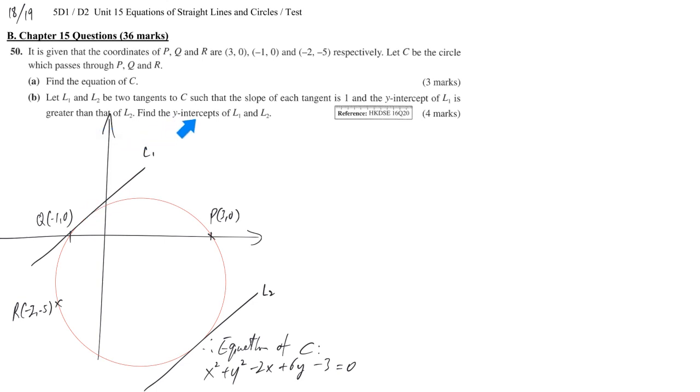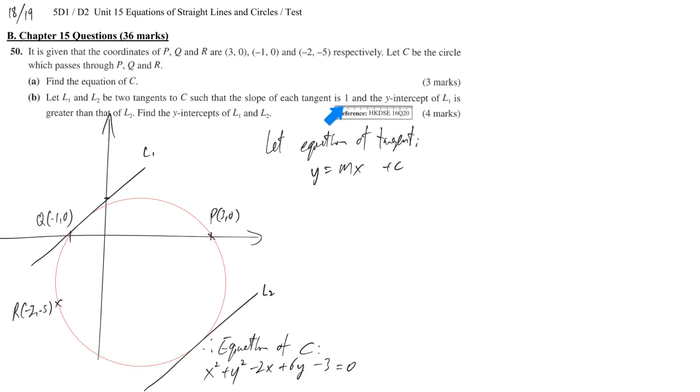We are going to find the y-intercepts, that means this position and also another y-intercept here. Since we don't know some parameter of this straight line, we simply let it be. We usually use slope-intercept form, y is equal to mx plus c. But this time we know the slope, so m should be replaced by 1.